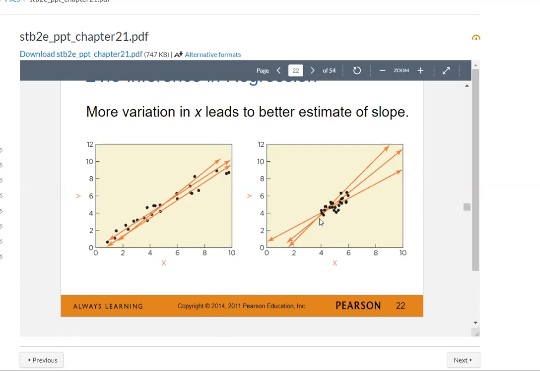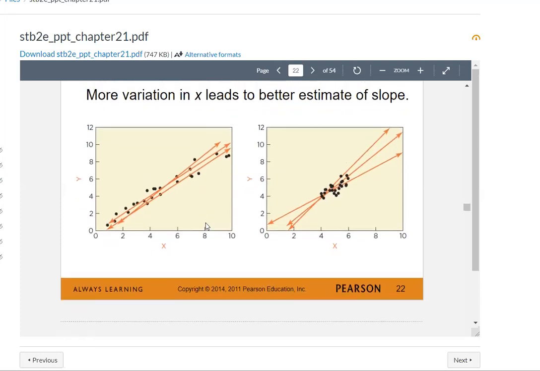When there's low variation, the difference between x values is very low, and there are many possible lines representing the same data. But here, because they have high variation on x from left to right, there are multiple lines that are pretty much close. Even if there is an error in the system, it won't give you very far results. So that would be good.